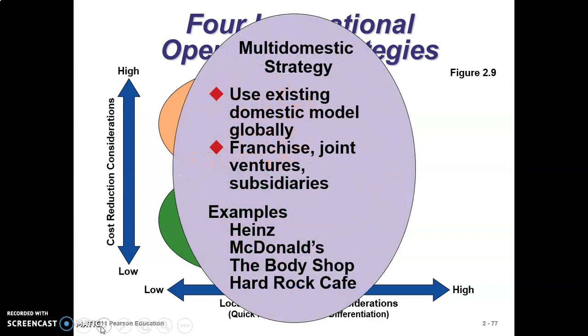Okay, the third strategy is the multi-domestic strategy, where normally they use the existing domestic model globally, with franchises and joint ventures, or types of subsidiaries. Subsidiaries means anak syarikat, not partners. They subcontract or have branches.